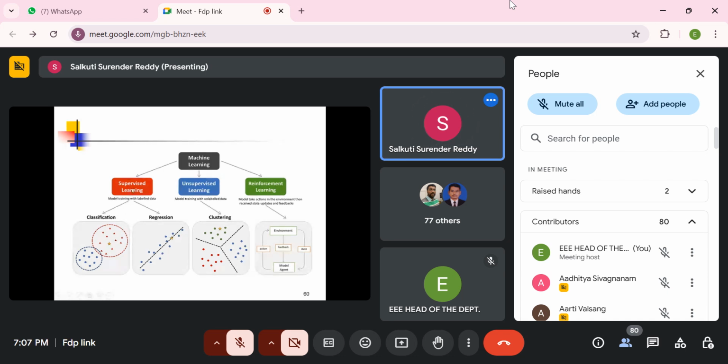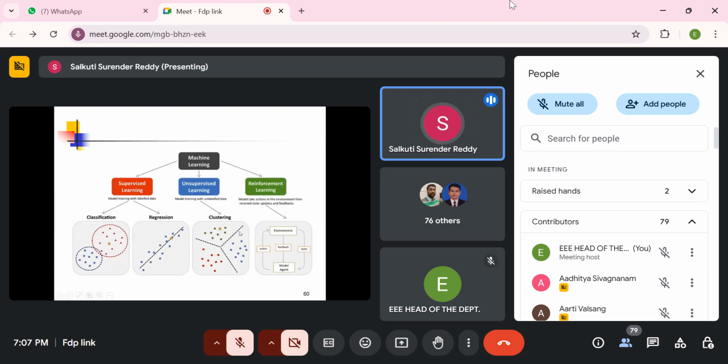And in supervised learning, as I said, you will have classification based on its shape or its characters, and regression, based on its real values. And here you will have clustering. This clustering is possible based on your type of data, similar types of data.